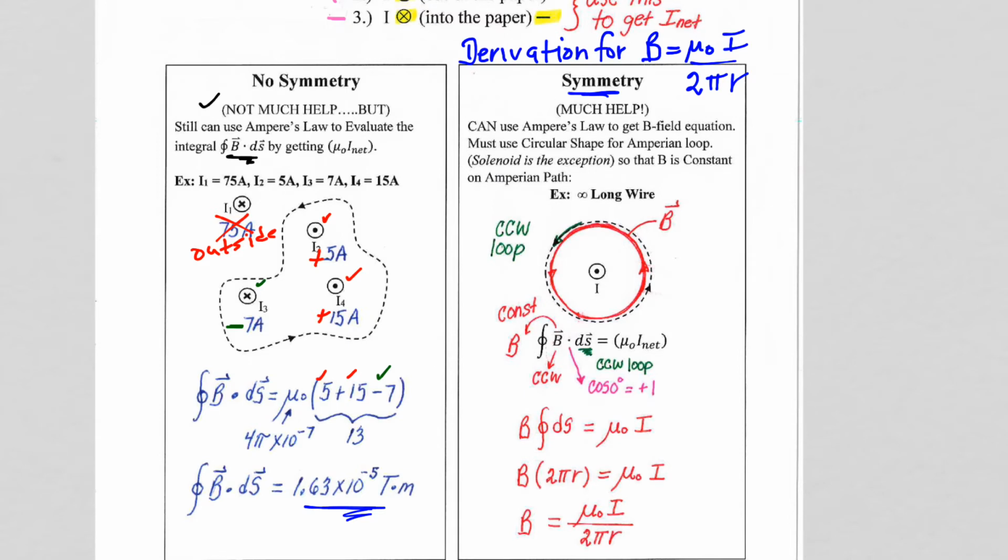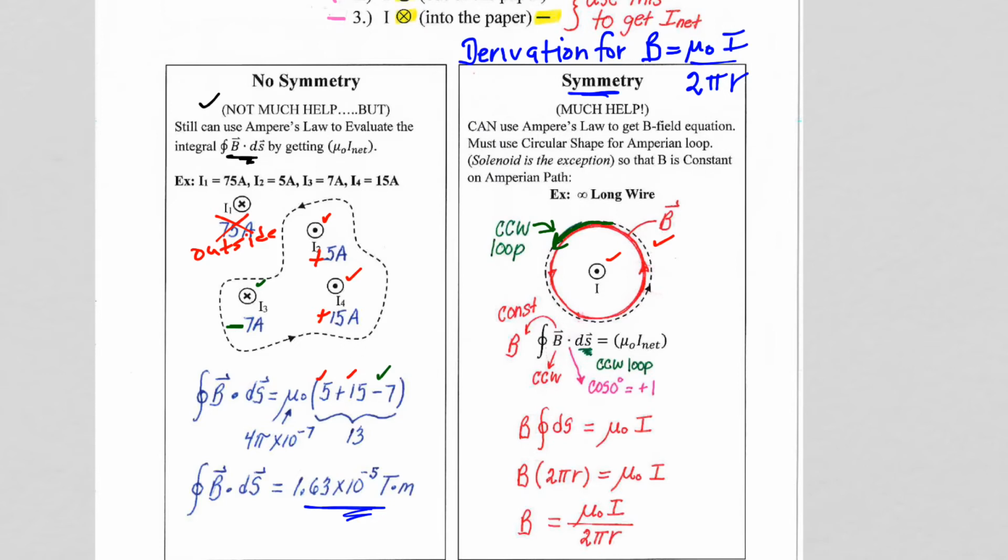If you were asked to do the derivation, this is what you would do. You would simply put a long straight wire coming out of the paper. Put your Amperian loop symmetrically as a closed circular path around the wire, which will automatically match the B field, which we know is circles around wires.